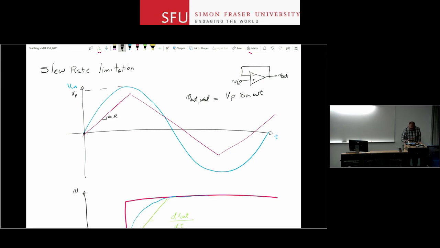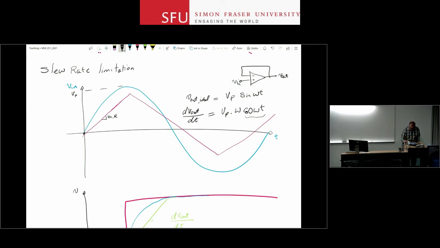Now, if you look at the derivative of Vout, how fast it changes with time, it's going to be Vp times omega times cosine omega t, right? Now what happens is that at the zero crossing points, at t equals 0 and then 2 pi over omega and so on, you have the maximum slope. You have the maximum slope when this cosine omega t is 1.